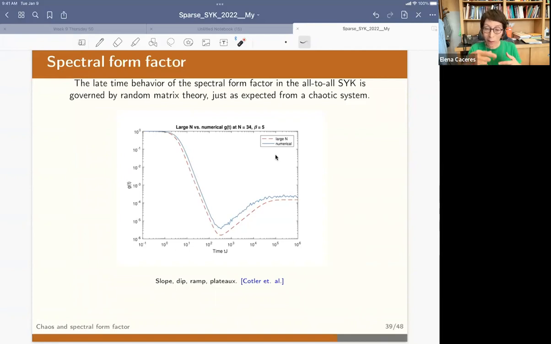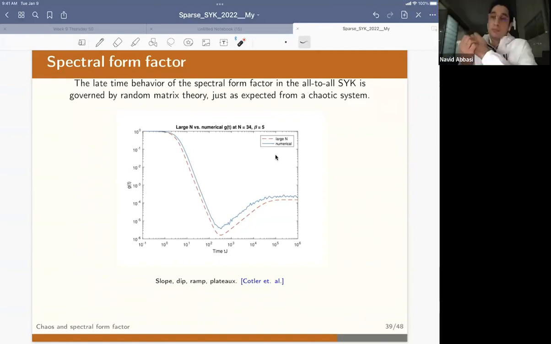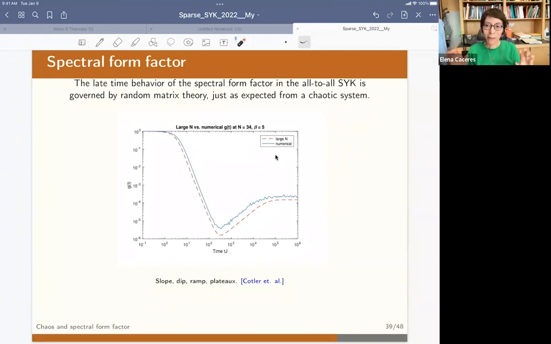That's why, if you look at the numerical results for the all-to-all SYK, 90% of them are with q equals 4, because when you increase q, the numerics become much more demanding. So if you can do q equals 8, that's probably going to give you stable, better numerical results, and you can probably get away with k equals 2. If you have to do q equals 4, then you have to increase your k a little bit, so it would have to be k equals 4 or something like that.